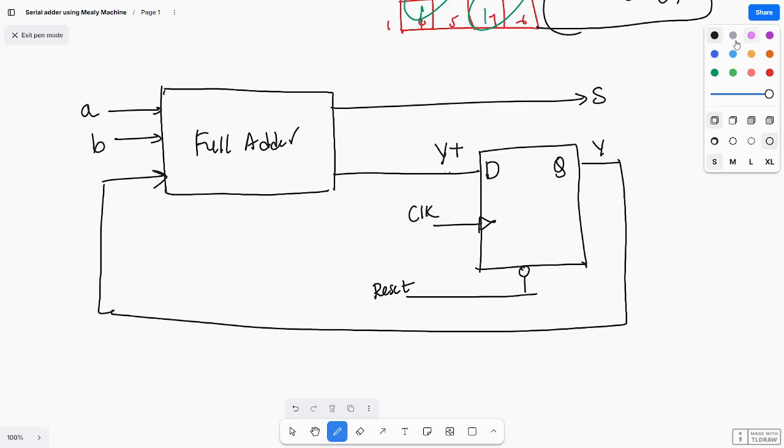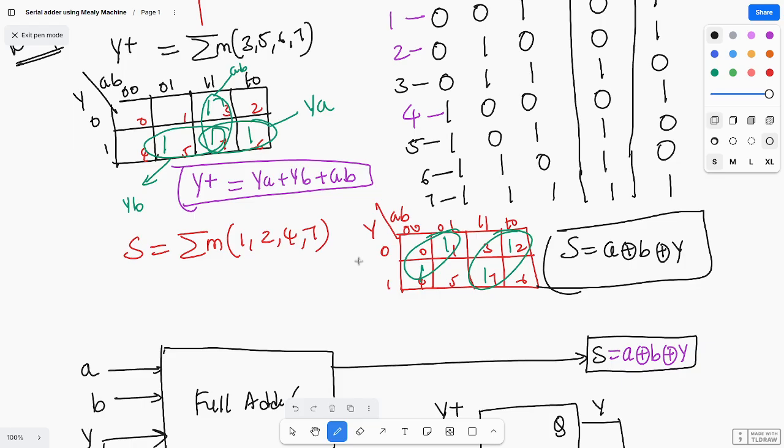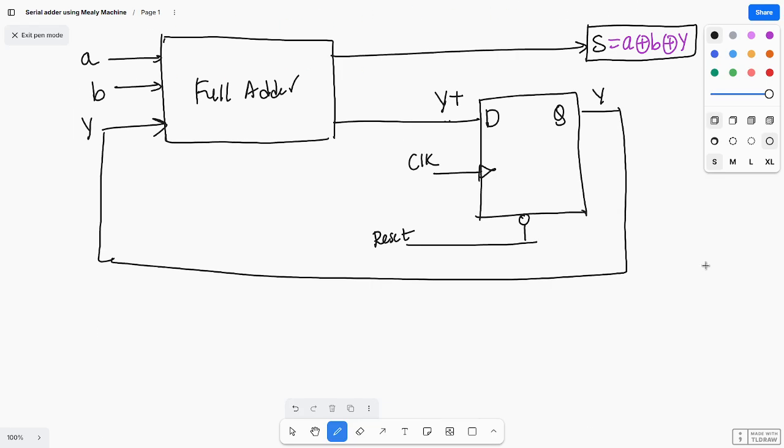Now what is my sum? Sum equals A XOR B XOR Y, where Y is the one input. I got the same expression, A XOR B XOR Y. And this is my D flip flop.